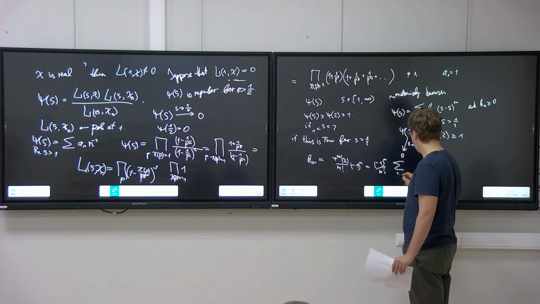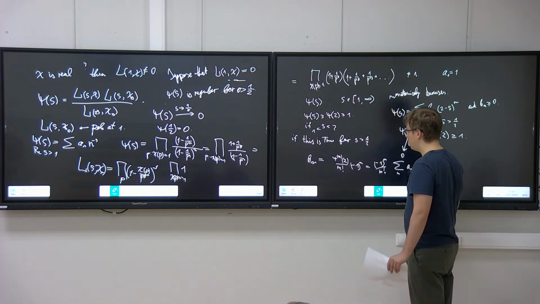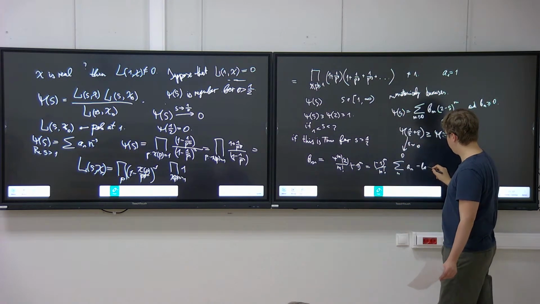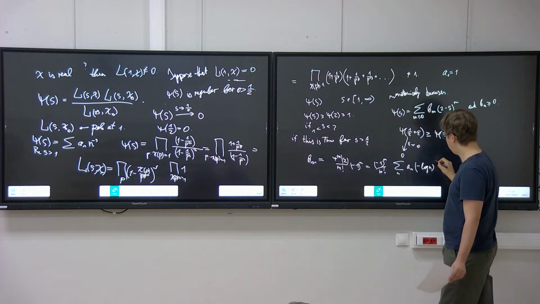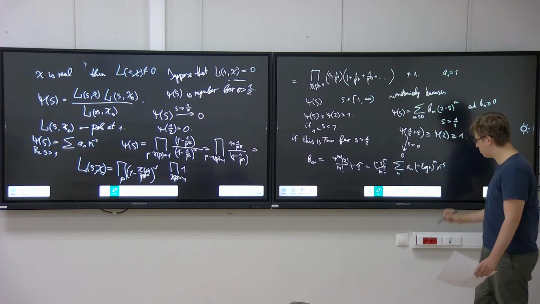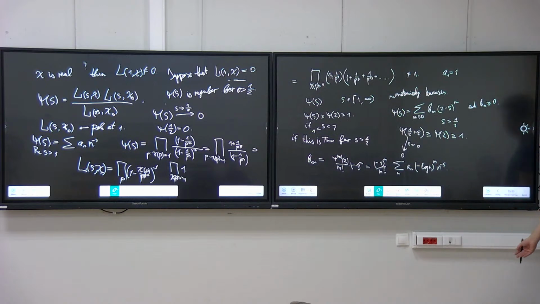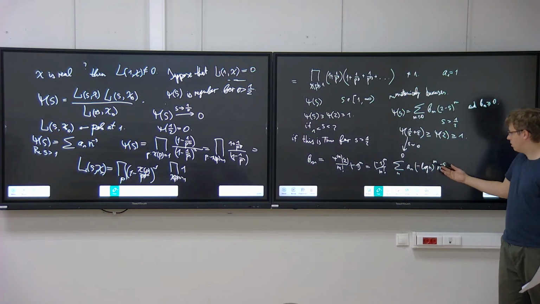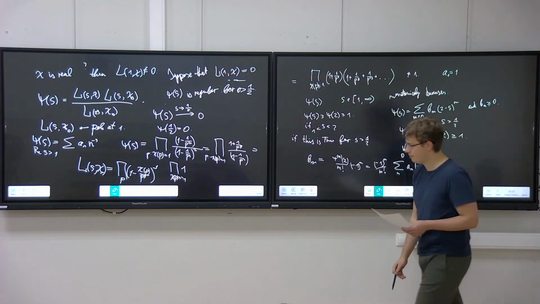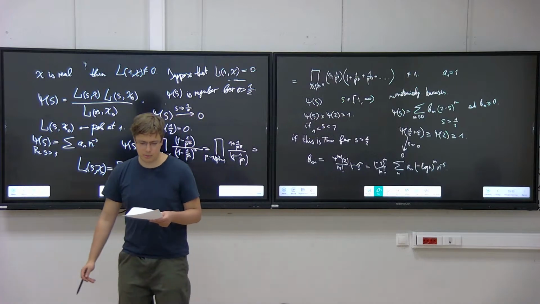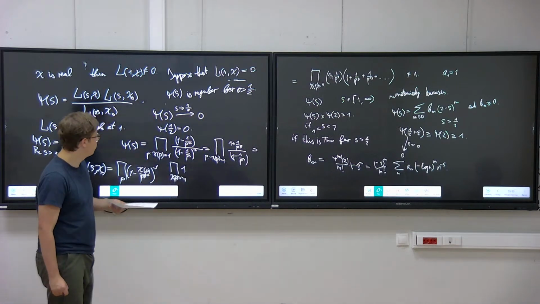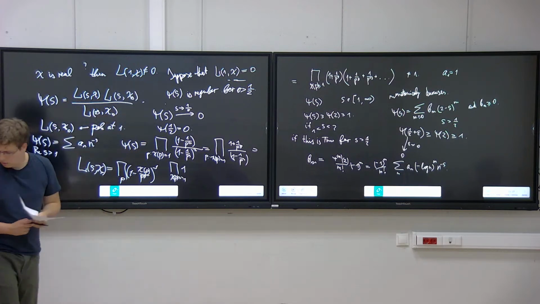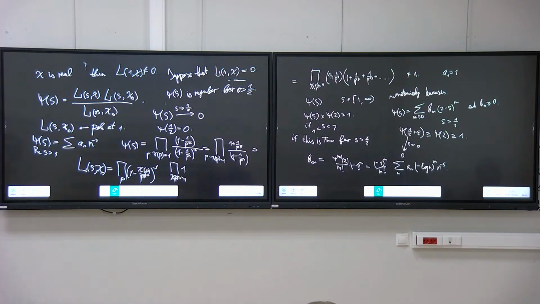Sum over n, a_n, here will be minus logarithm n to the power n to the power minus s. Yes? And that's it. These two minuses cancel and a_n is positive. This is 100% proof for such proposition. We have 15 minutes.